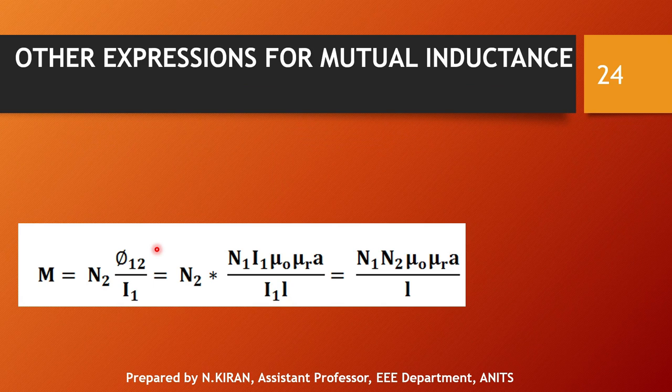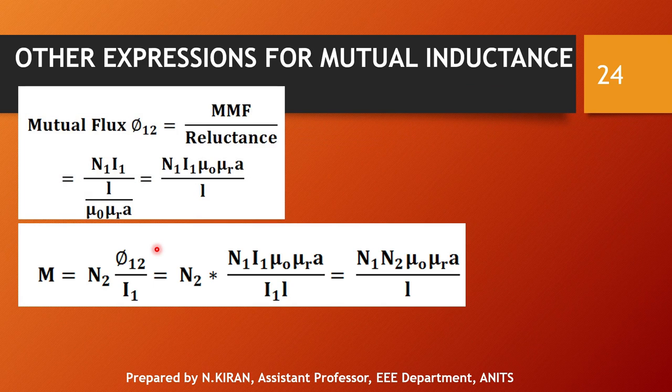What are the other expressions for mutual inductance? We all know that mutual flux is equal to mmf by reluctance. The mmf is the product of the number of turns and the current flowing, which is N1 into I1, and reluctance is L by mu naught mu R into A. If I rearrange these terms, I'll get phi12 equal to N1 I1 mu naught mu R A by L. M, as we know, is N2 into phi12 by I1, so I'll substitute this in the expression.